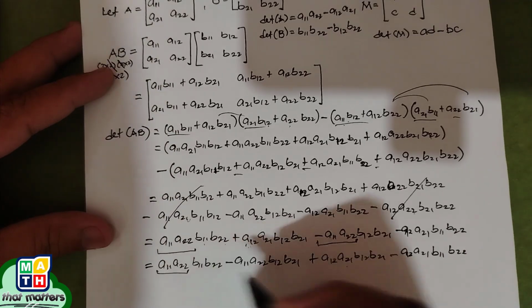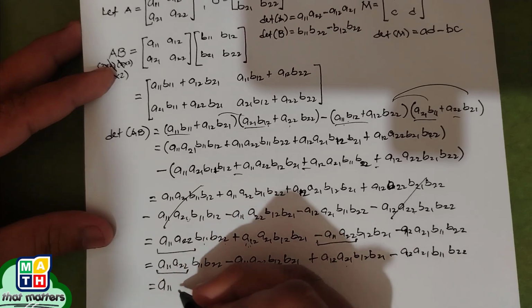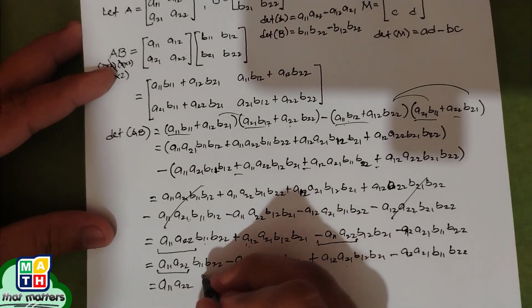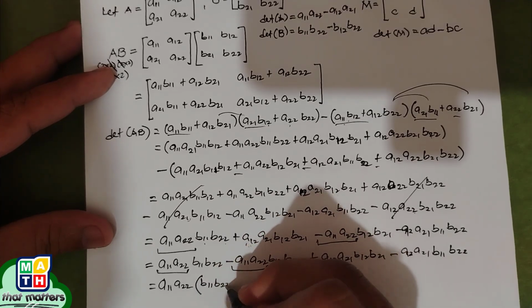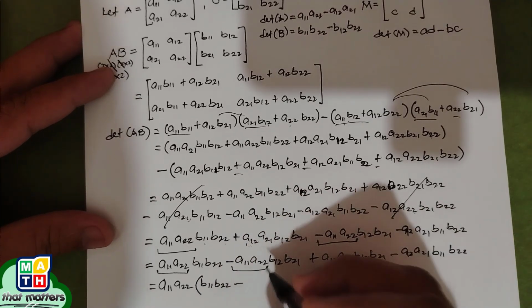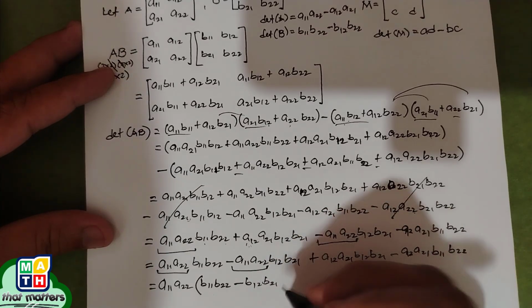Now we're going to factor that A11, A22. So you will have B11, B22 here. Since you're removing this, this is what is left, B12, B21.